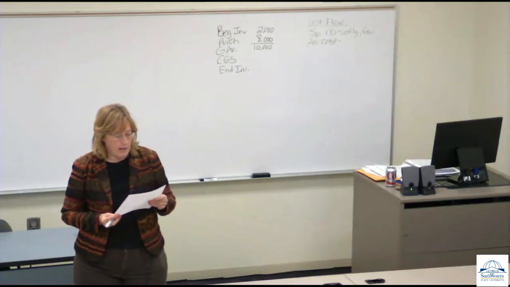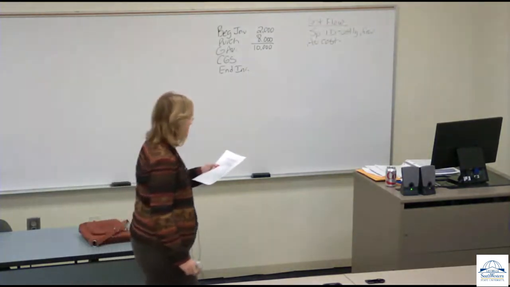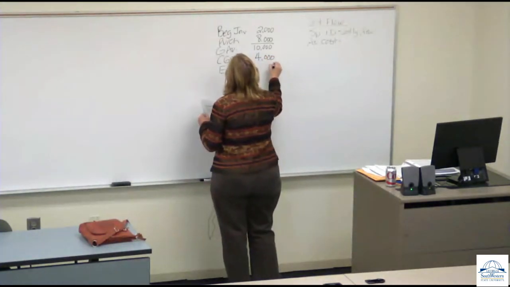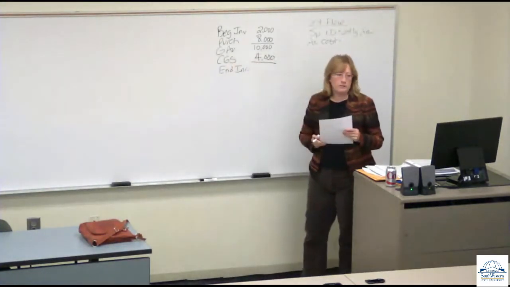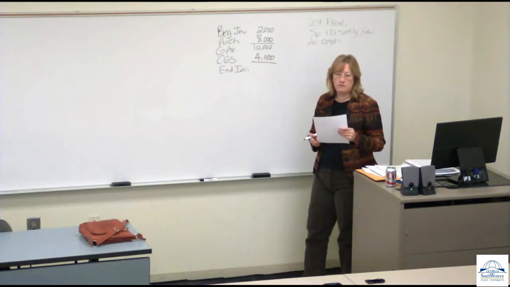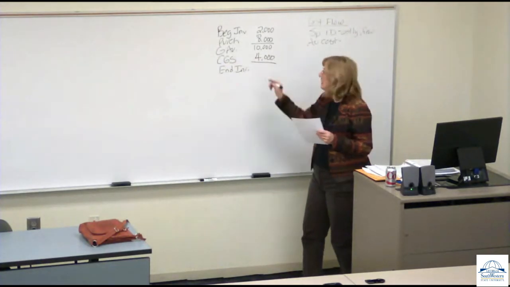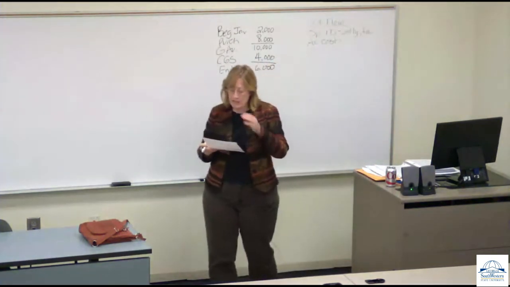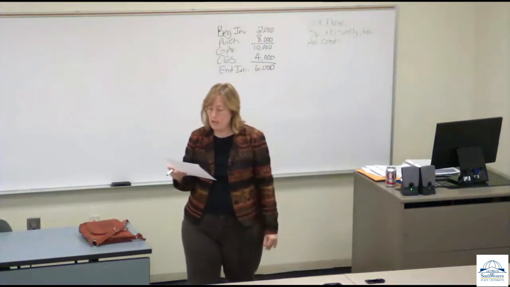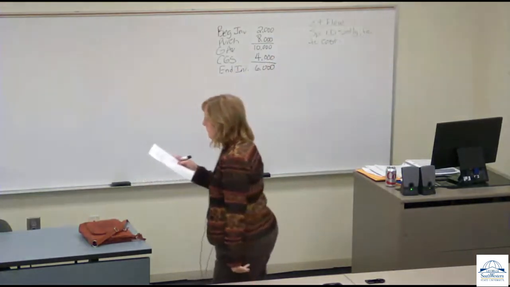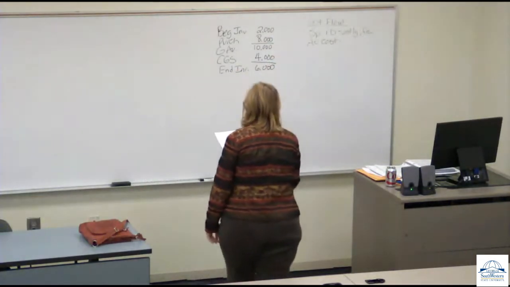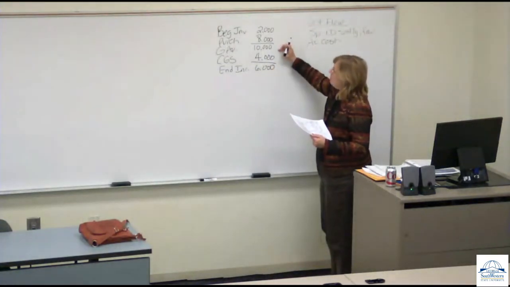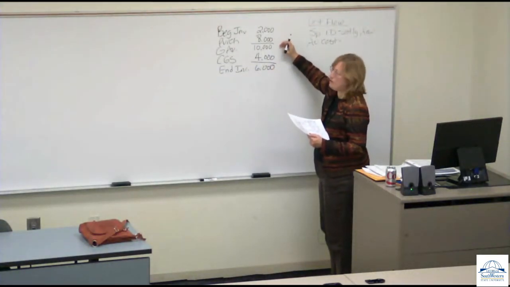All right, how many did we sell? 4,000. What's our ending inventory? 6,000. Okay, so we had 6,000 in ending inventory. Now what we want to do here is figure out what our goods available for sale was in dollars.